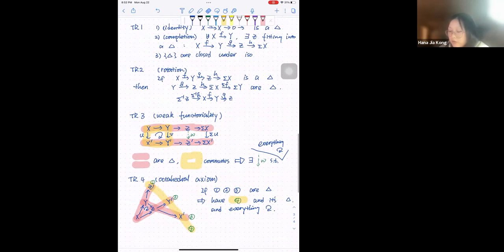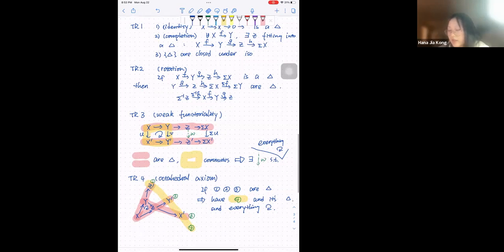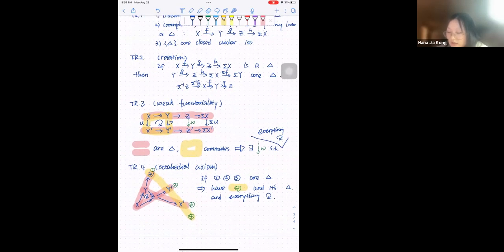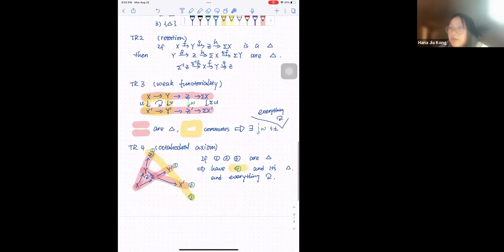But it's helpful to describe the definition of triangulated categories using these axioms. I mentioned that this is weak functoriality, and there's some subtlety about this third axiom.